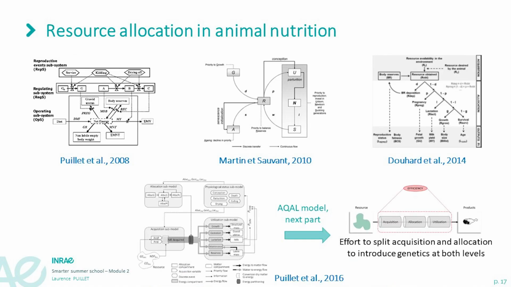Here in the room you have a lot of people who worked a lot on how to integrate this level of regulation into models: me, Fred, and Nick, I think. I started years ago with the first version of the dairy goat model, where I had this operating system, a very traditional nutrition view on energetics, combined with a first trial of a regulating subsystem.